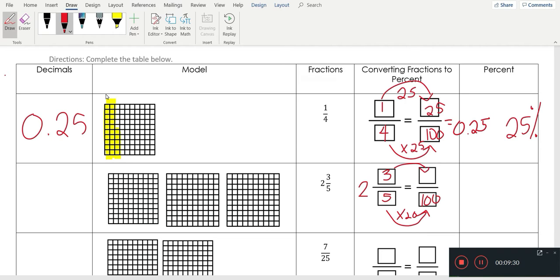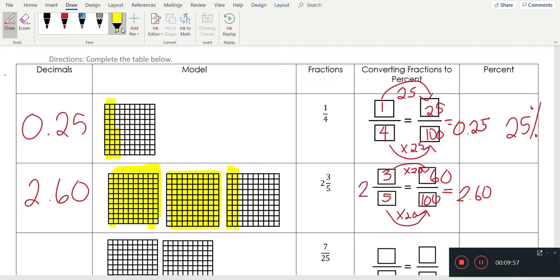We also have times 20. 3 times 20 is 60. So therefore, this is now 2 and 60 hundredths, right? So 2 wholes and 60. So I'm going to shade this one as 2 wholes and 60.